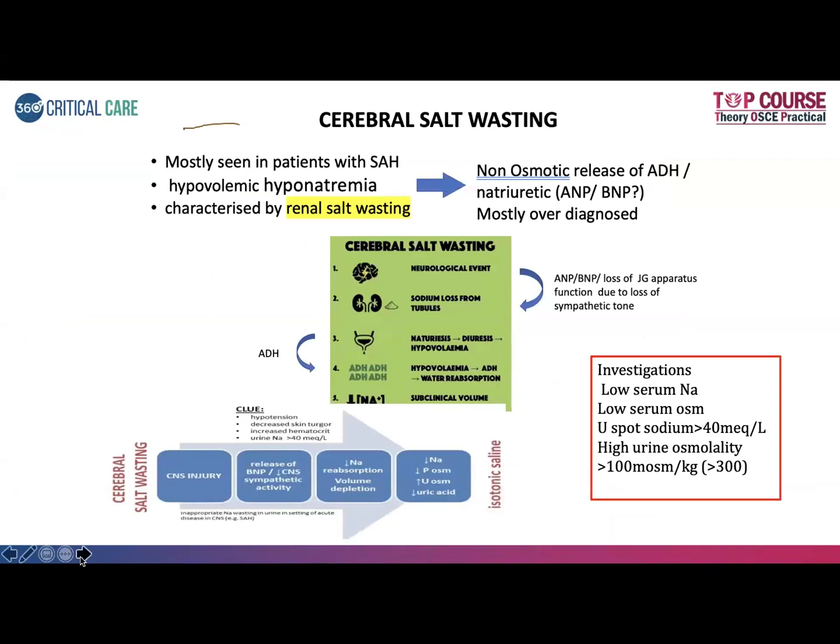So what about cerebral salt wasting? This is also one of the complications of neurosurgery or some bleeding, SAH related. So what happens is that there is non-osmotic release of ADH and ANP. There can be this ANP and BNP that is elevated. So what happens after a neurological event?